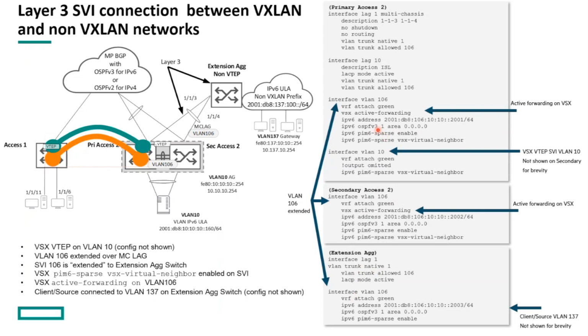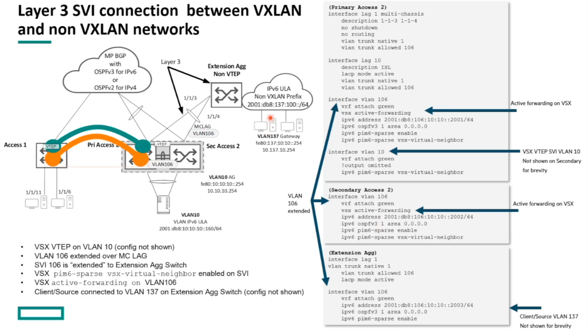And we have the VSX active forwarding on the VSX switches too. And you'll notice it's in the same /64 in that VLAN, so it's in one SVI. So I've got 2001 host, 2002 and 2003, so they're all in the same subnet.